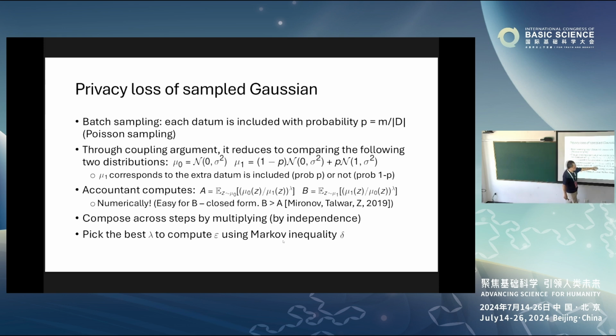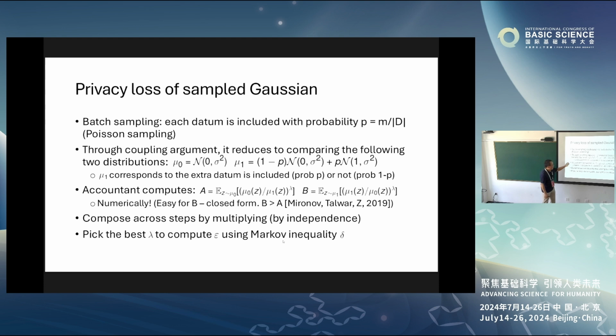With probability P you include it, and with probability 1 minus P you do not. If you don't include it, the outcome is the same as D. If you include it, the damage it can cause can only shift the output by 1, because that's the sensitivity.